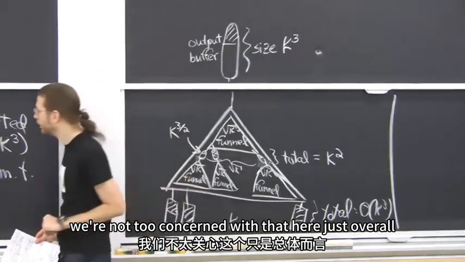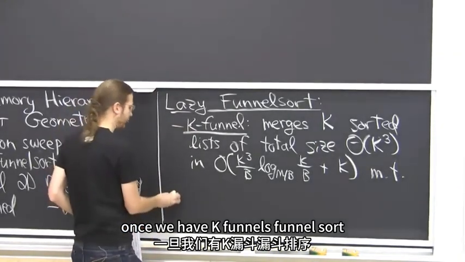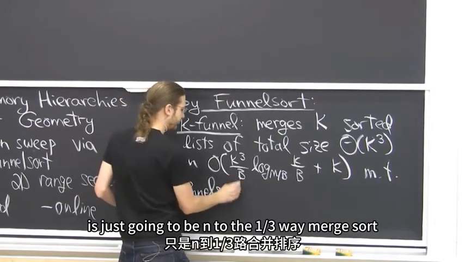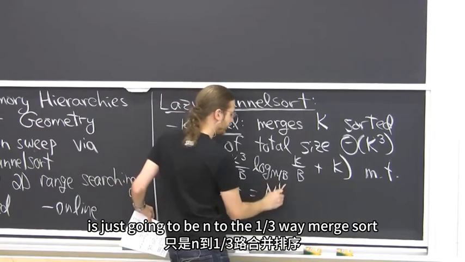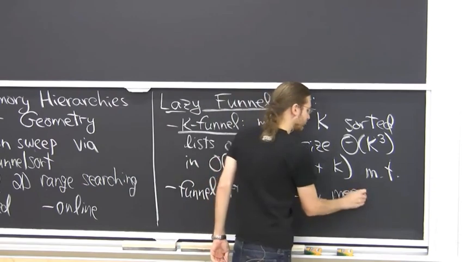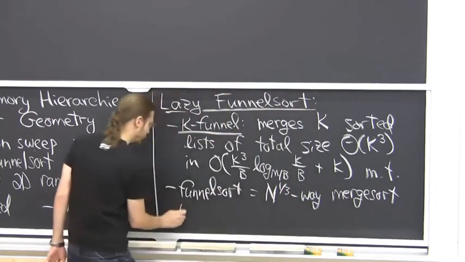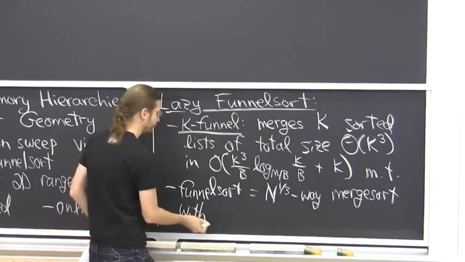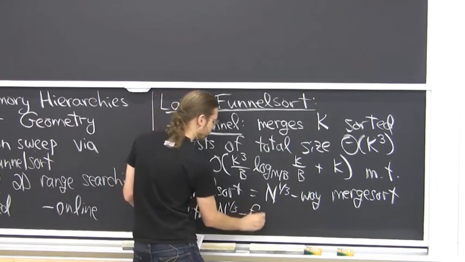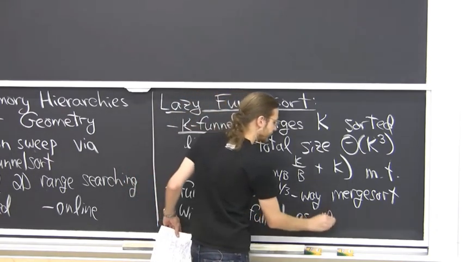Just overall, once we have k funnels, funnel sort is just going to be n to the 1/3 way merge sort with an n to the 1/3 funnel as the merger.